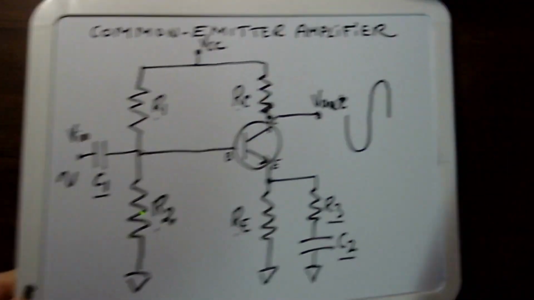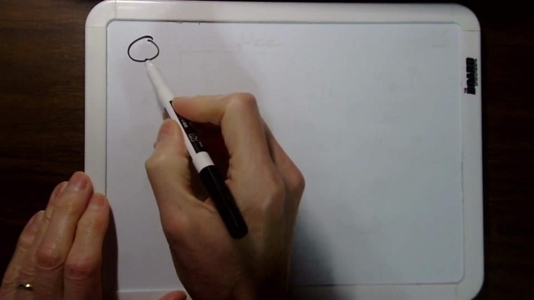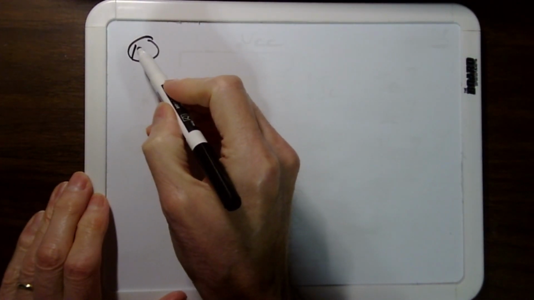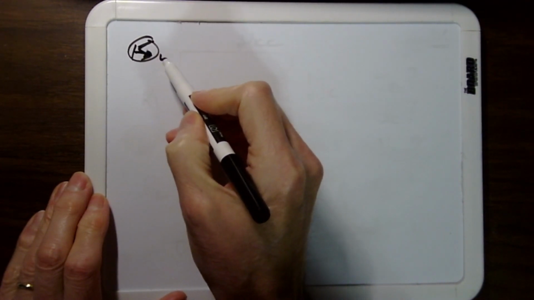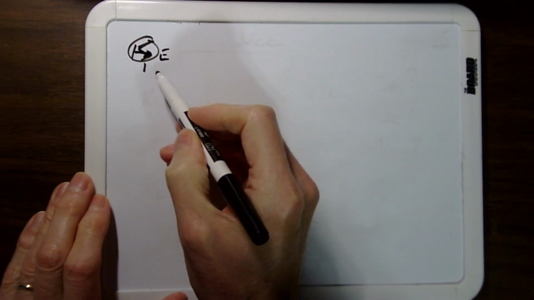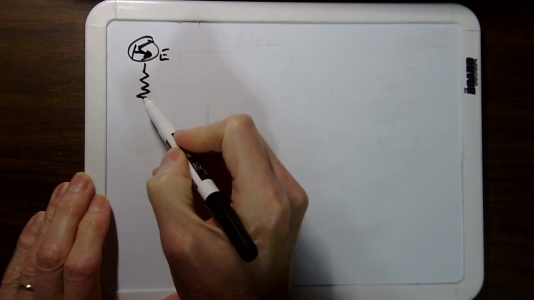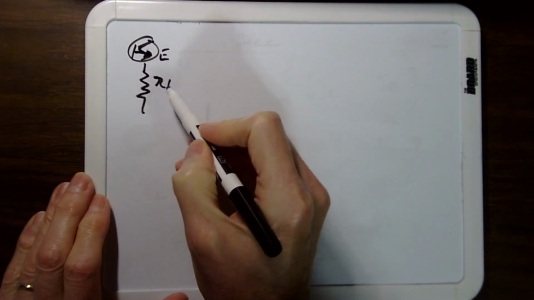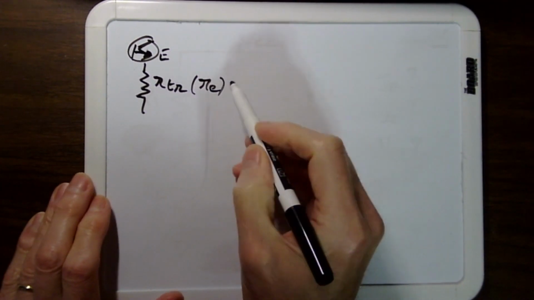Quick change of board. So let me redraw the part of interest. So you have the transistor, emitter branch here. So let's put the RTR, the transresistance.